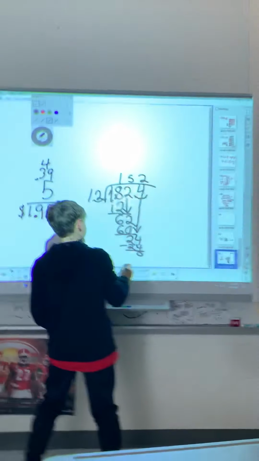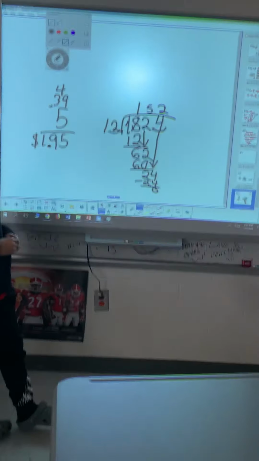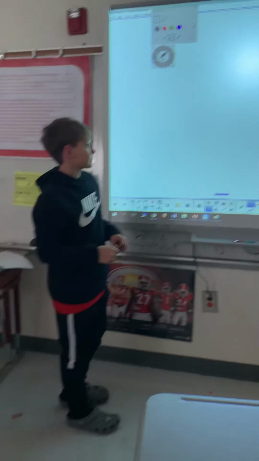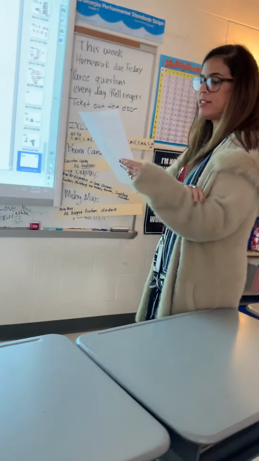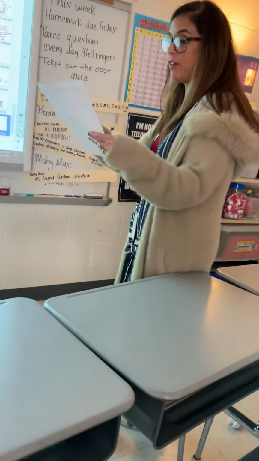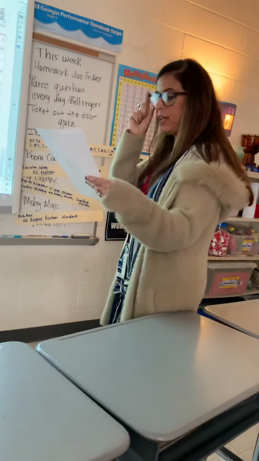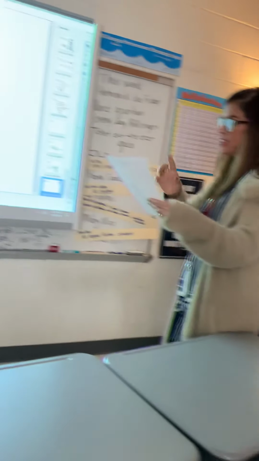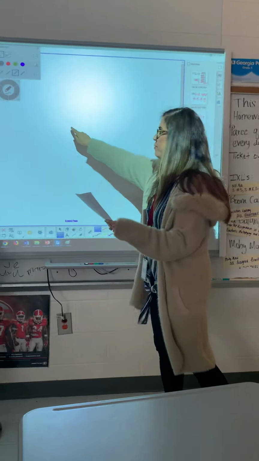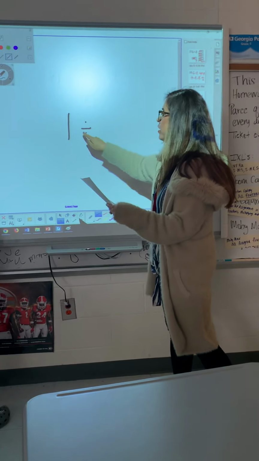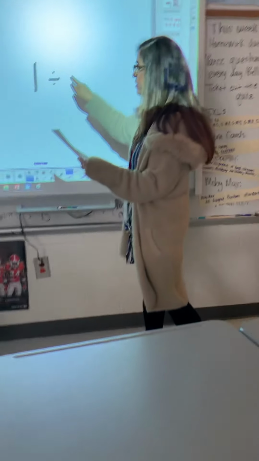Excellent. Our next problem says Kayla has 1 pizza. She wants to share her pizza with her 5 friends and herself included. How much pizza will each person receive? And this is something we haven't really done yet. So she's got 1 pizza, and she's dividing it among her and her 5 friends.